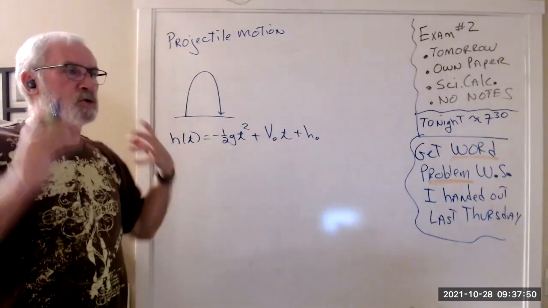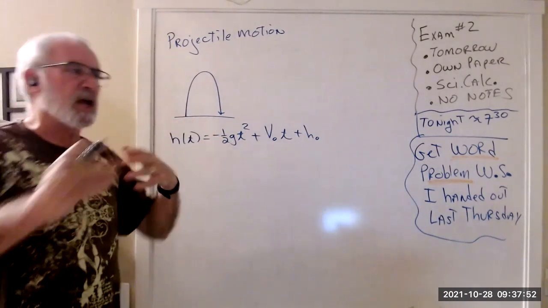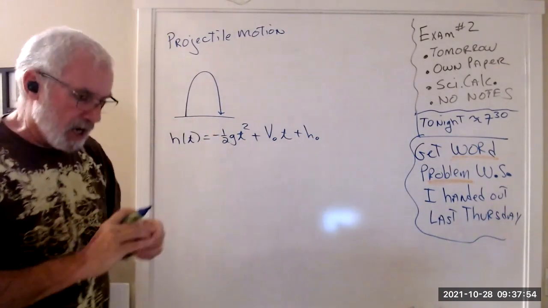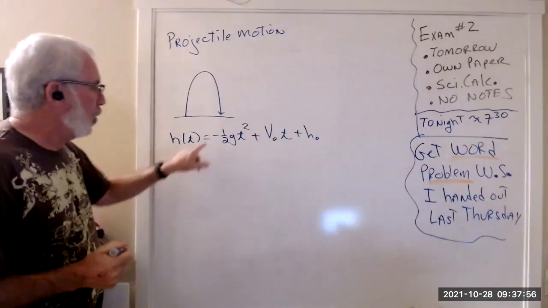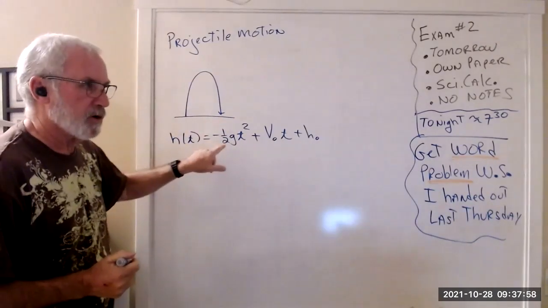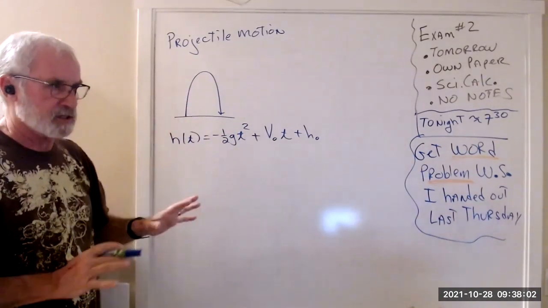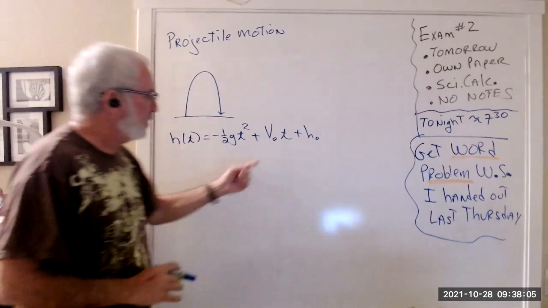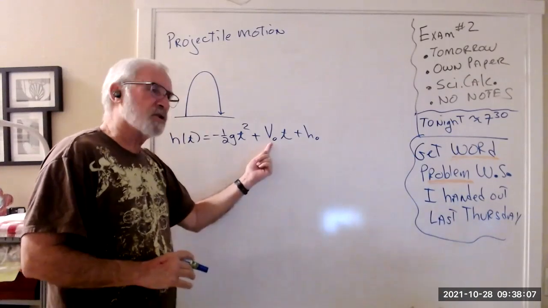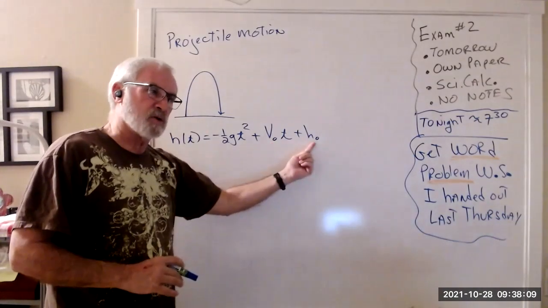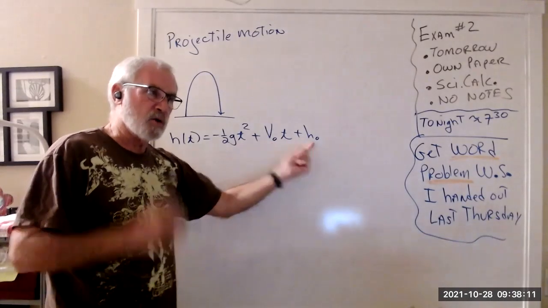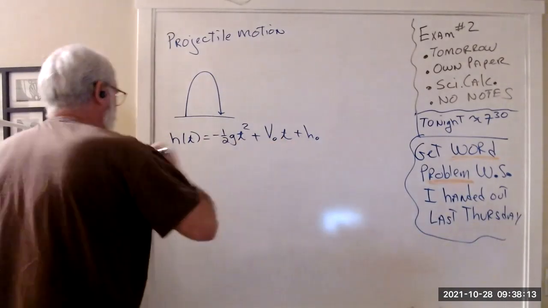Do you need to know this? Yes and no. I will always give you the front part. I'll never give this 1/2 gt squared crud. I'll give you an example of that. But you have to know what the v sub 0 and the h sub 0 mean. You have to know that and be able to interpret that.